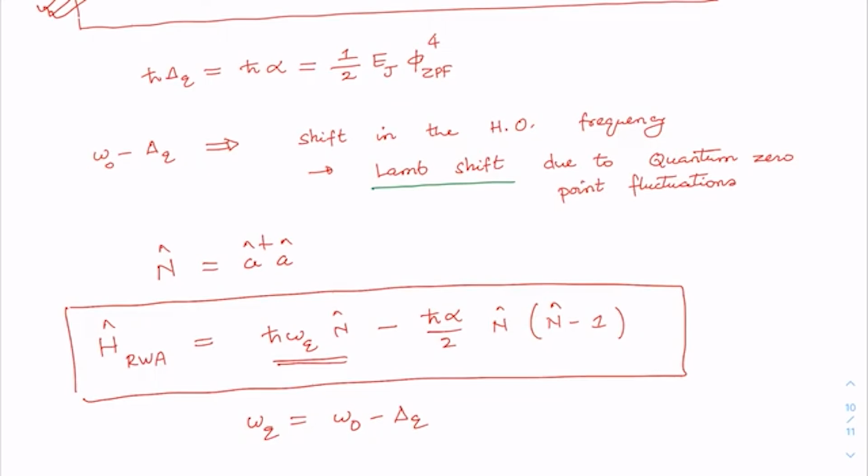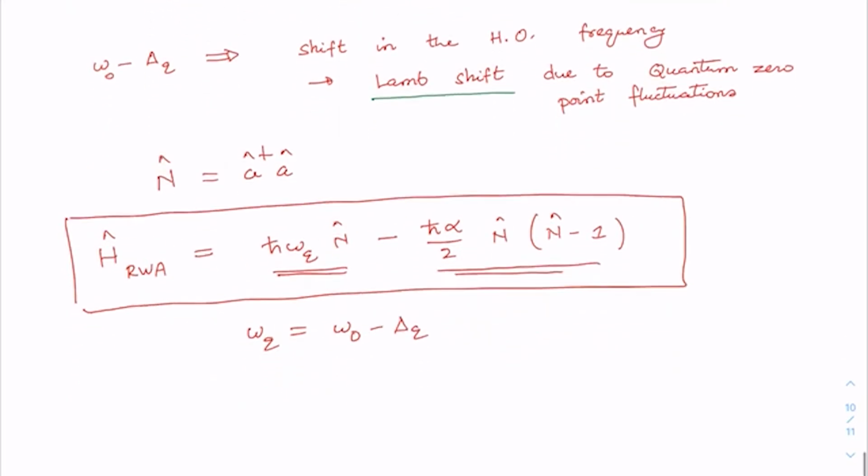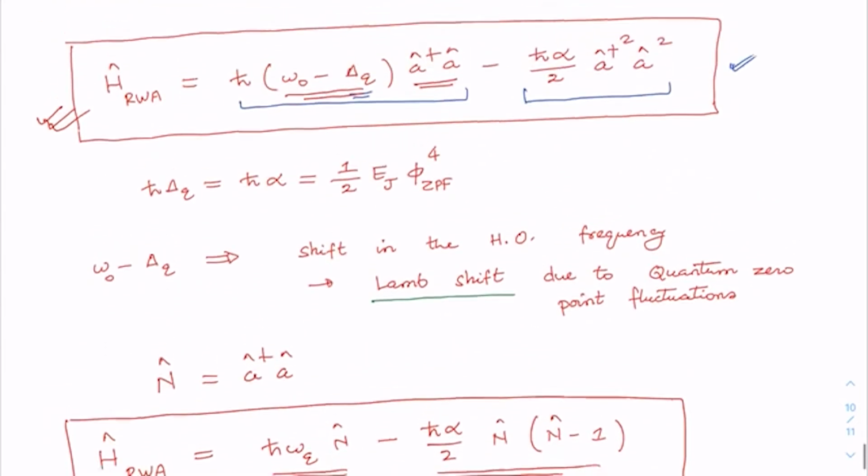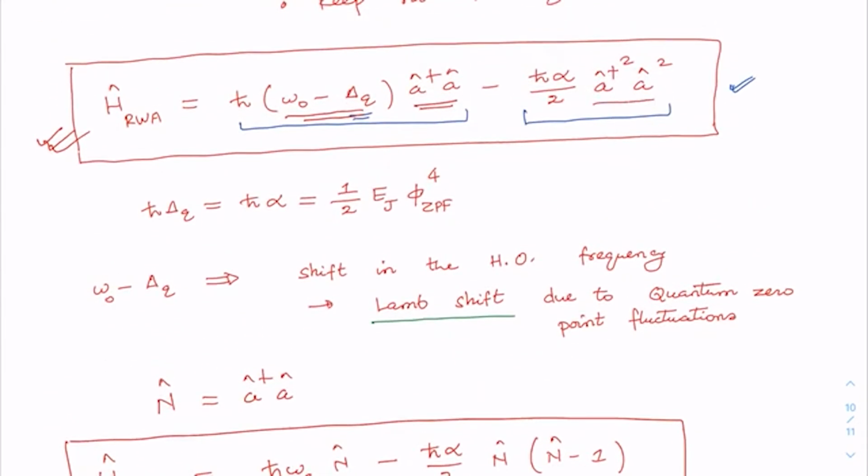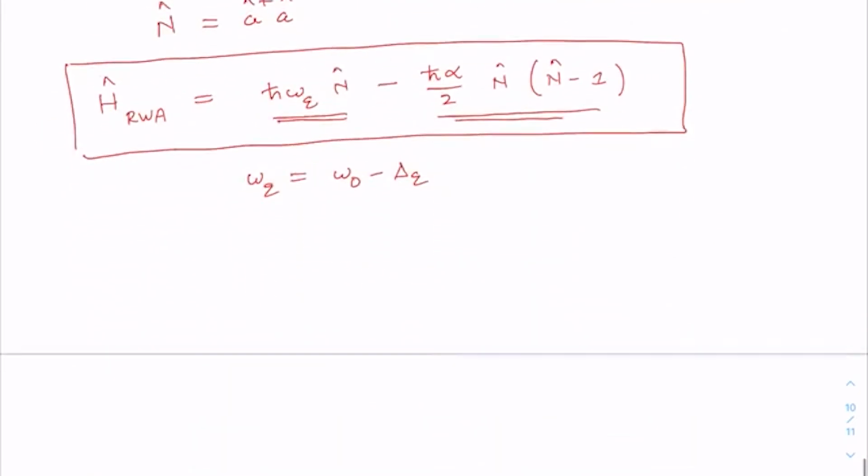Hamiltonian. On the other hand, to get the second term, let me analyze the term a dagger square a square. Let us analyze it, then you will understand how I got the second term. So a dagger square a square, this I can write as a dagger a dagger a a.